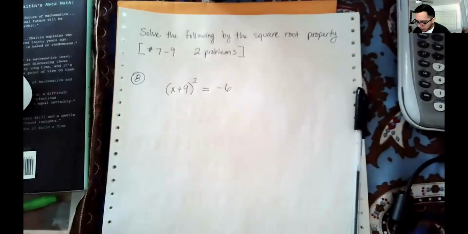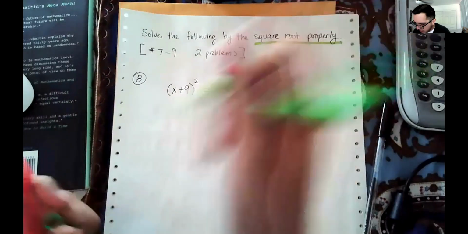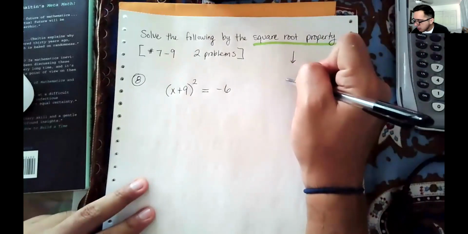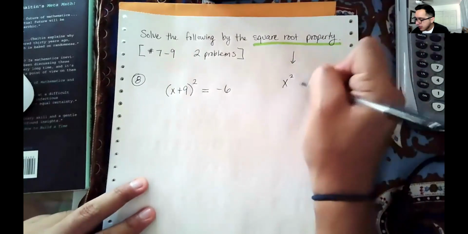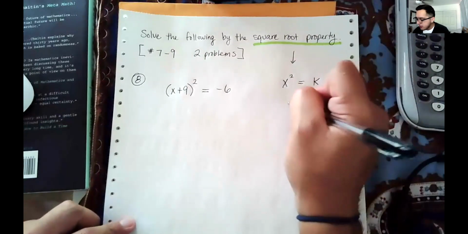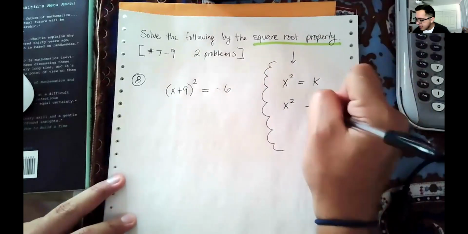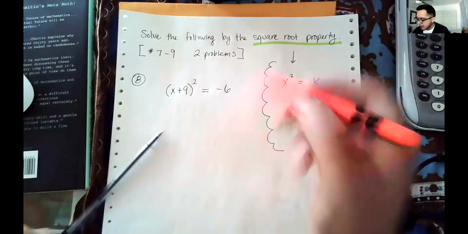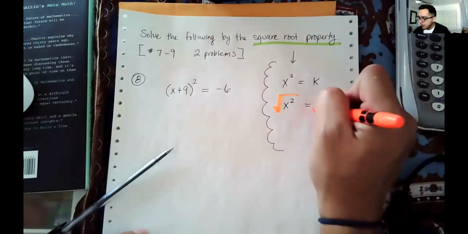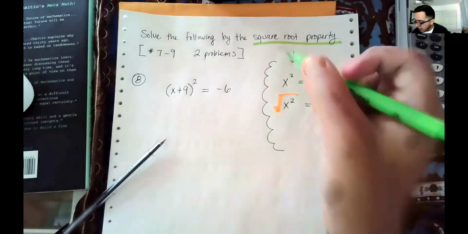So this square root property, if you recall from your lectures, is the property that says if you have some expression like x squared is equal to some constant, then what we can do is take the square root of both sides, because the square root will cancel out the square or the exponent of 2 because they're opposite operations.